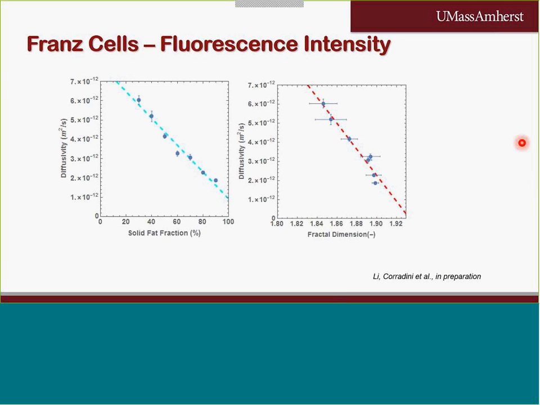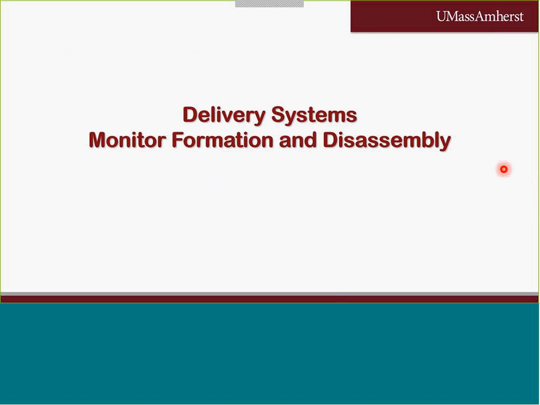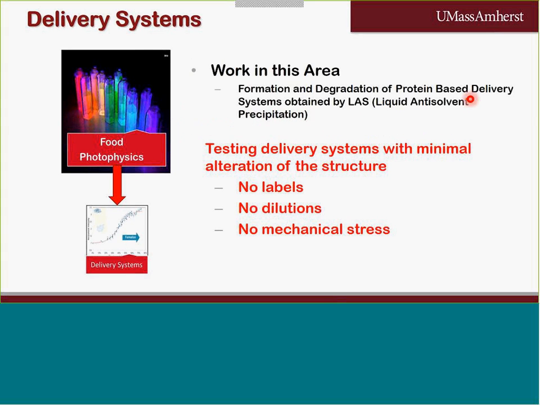Let's discuss a little bit the potential use of optical measurements in order to monitor formation and disassembly in delivery systems. Our work in this area basically covers the formation and degradation of protein-based delivery systems obtained by liquid anti-solvent precipitation. The advantage of using molecular techniques is that we can test delivery systems with minimal alteration of the structure.